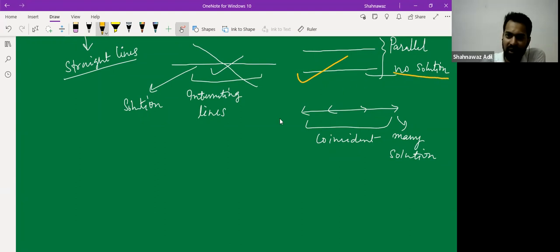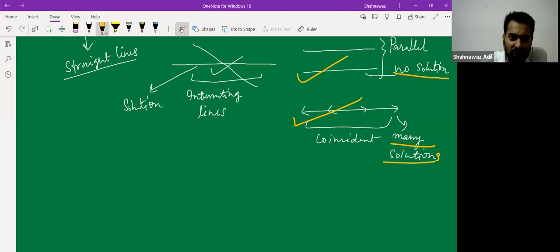And when you come across this graph, then there are many solutions. So in Exercise 3.2, you will learn how, when you plot the graph, you can tell whether there are solutions or not.